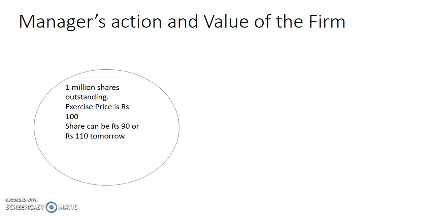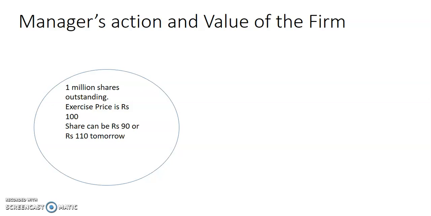We need to look at the action of the manager and its impact on the value of the firm. Let's say that as of today, there are 1 million shares outstanding of this particular company. And as we discussed earlier, let's say the exercise price of the ESOP is rupees 100. And there's a possibility that share can now be rupees 90 or rupees 110 with a probability of 50% each.